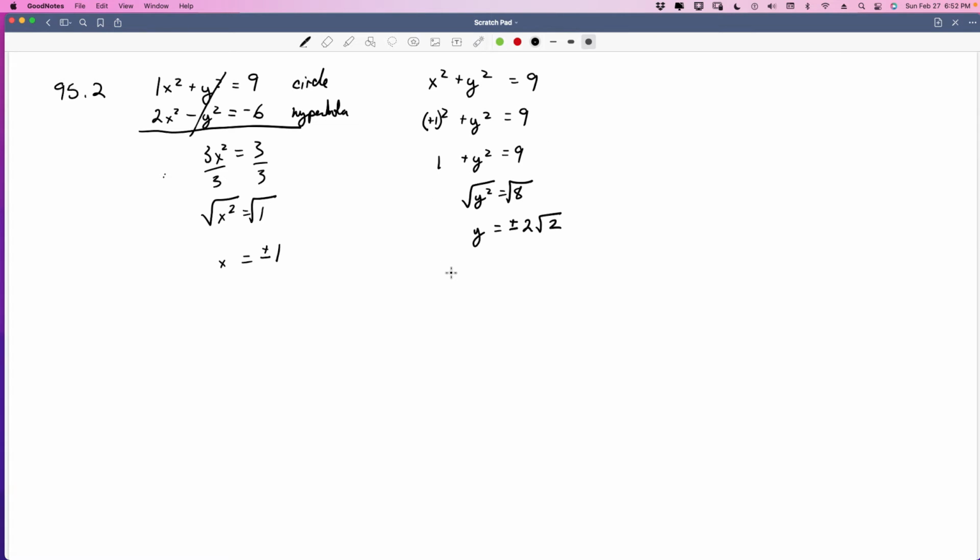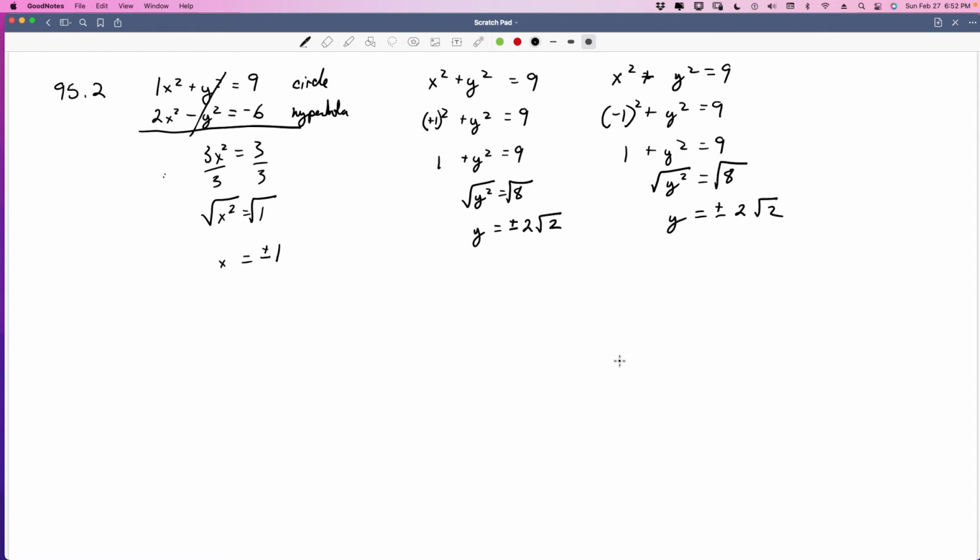So we'll do the same thing to the other side when x squared plus y squared is equal to 9 when x is a negative 1. And we know that's going to be a positive 1. Y squared again is equal to 8. Square both sides. And y is equal to plus or minus 2 times the square root of 2. So we have the same answer for both.